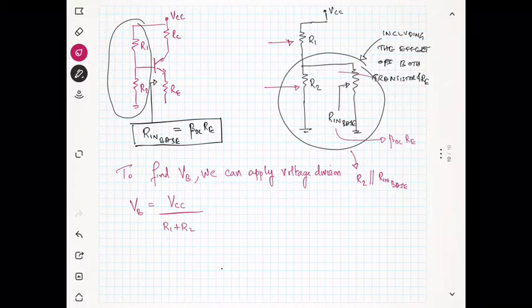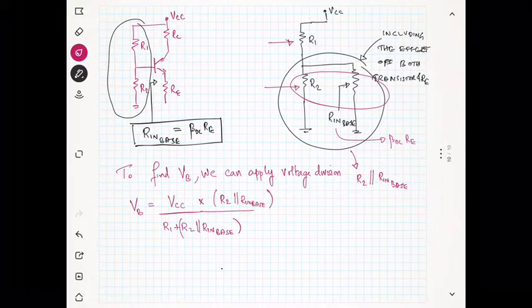The R2 is parallel with R in base, so we can say R2 parallel R in base. Am I correct? So this is the total current. Then we have to multiply this with R2 parallel R in base. So this is how we can obtain VB.